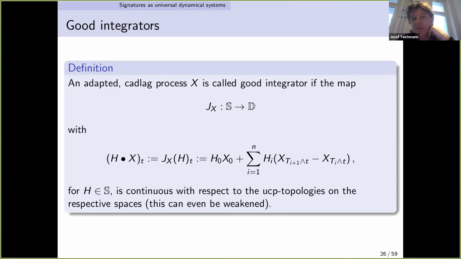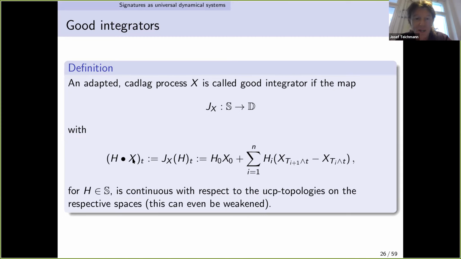The modern definition of a semi-martingale goes as follows. First, I define a good integrator. A good integrator is what you expect to be the integral when you take a stochastic process X and a simple predictable process H, which has only finitely many jumps, and you would like to integrate H against X. I take here the beautiful notation of Paul-André Meyer, who is one of the founding fathers of the theory, and he writes the stochastic integral of H with respect to X as H dot X. There are a lot of advantages of this notation.